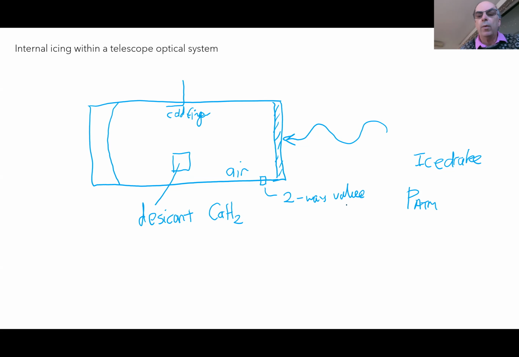So if you use a two-way valve, which is able to open up if the pressure differential is ever more than a certain amount, air can flow backwards and forwards, and that allows you to prevent explosion of the telescope. You need hysteresis on this, so the valve is only open if there's a pressure differential. And I'll show you a paper which allows you to calculate that in a second.